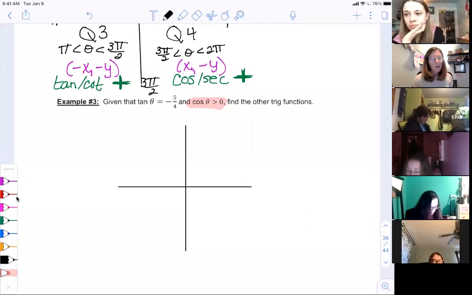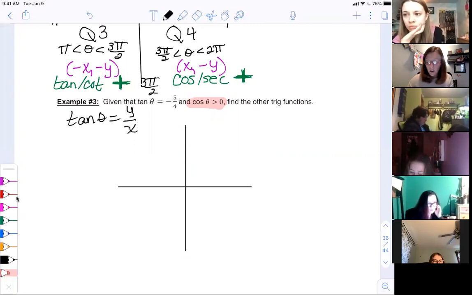So they're not giving us an ordered pair, but instead they're giving us the tangent, which we can think of as an ordered pair. So it's telling us that the tangent is negative and the cosine is greater than 0. We know that the tangent is y over x.